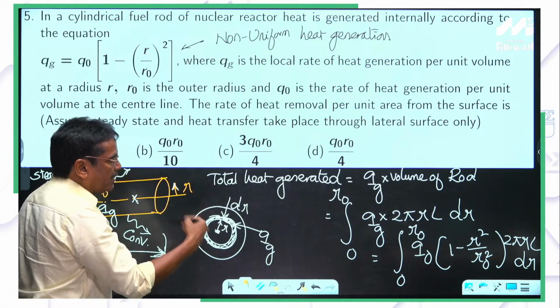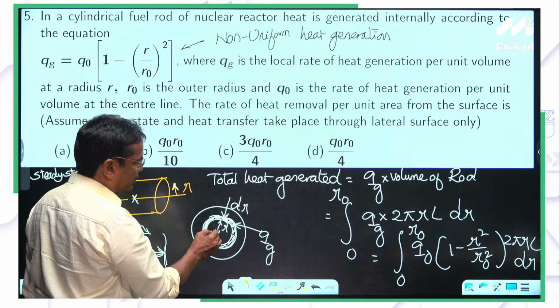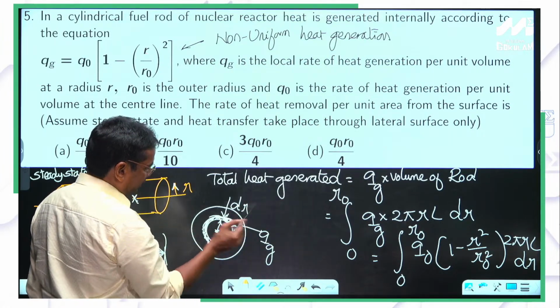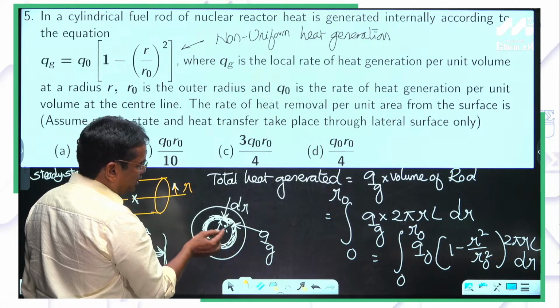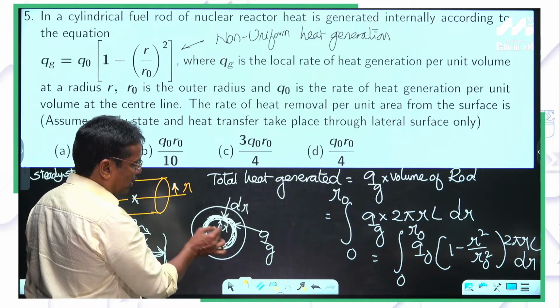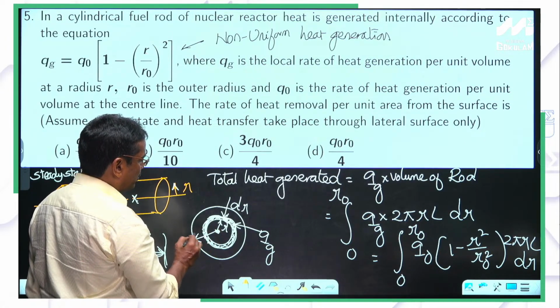What is the volume of the differential control volume? 2 pi r into dr into length. That multiplied by Qg gives the heat generated only within the differential control volume. That will be integrated from r equal to 0 to r equal to R naught.